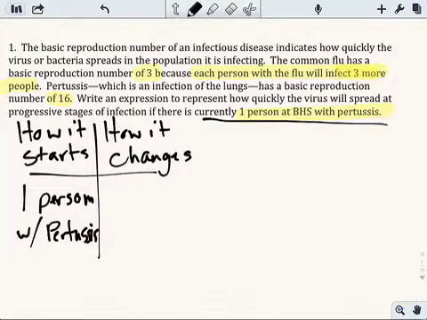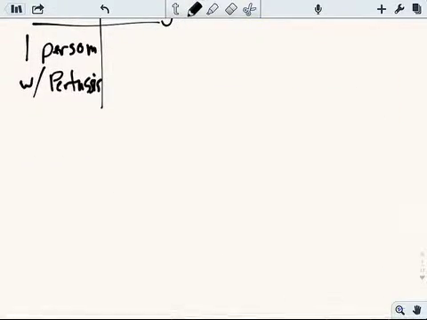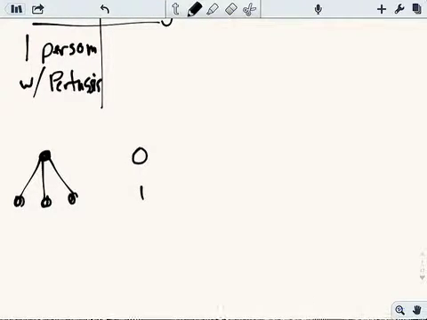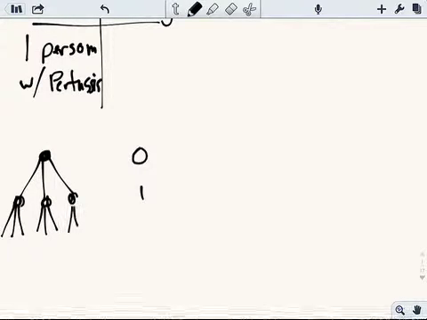It says if you're thinking about the flu, each person with the flu will infect 3 more people. So if you recall in your class, if you have 1 person with the flu at stage 0, they're going to infect 3 people, right? And so now 3 people have the flu, and that's at stage 1, so 3 more people get infected. Now each of those people, 1, 2, 3, 1, 2, 3, 1, 2, 3, is going to infect 3 more people.